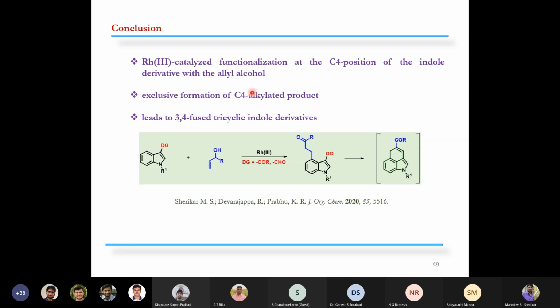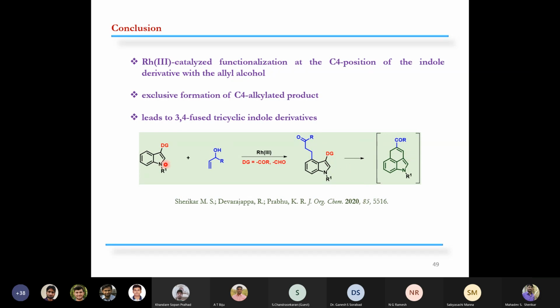So in short, we have achieved the rhodium catalyzed functionalization at the C2 position of indole derivative by using allyl alcohol as a coupling partner, and the obtained hydroxyalkylated product can lead to the 3,4-fused tricyclic indole derivatives.